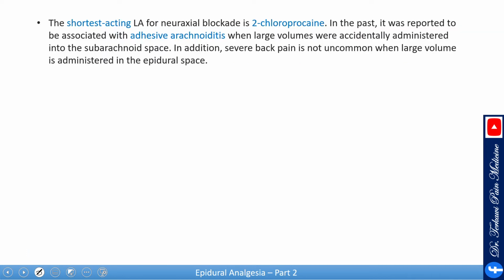The shortest acting local anesthetic for neuraxial blockade is 2-chloroprocaine. In the past, it was reported to be associated with adhesive arachnoiditis when a large volume was administered into the subarachnoid space. In addition, severe back pain is not uncommon when a large volume is administered in the epidural space.